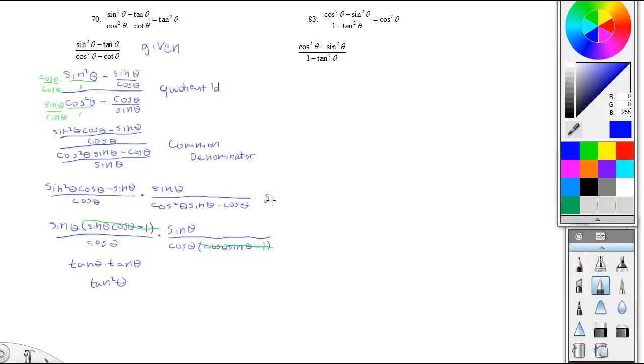So here I just simplified and here I factored and also simplified. Here I used the quotient identity, and here I simplified or multiplied.